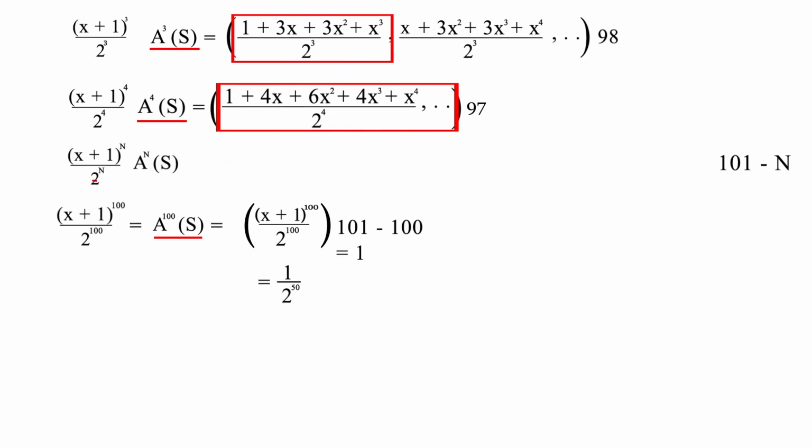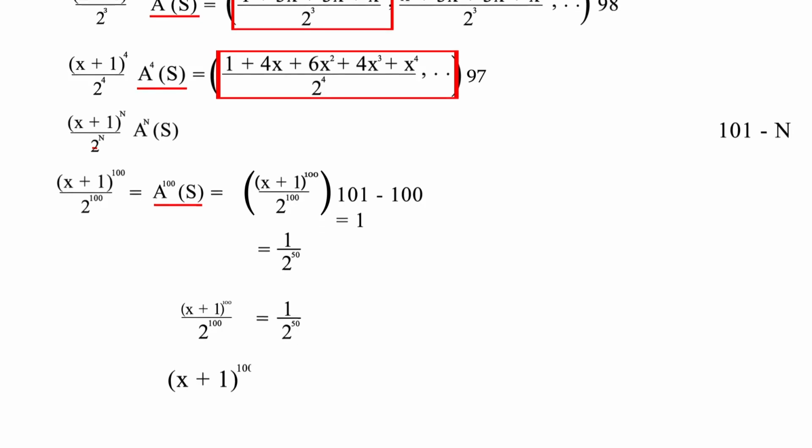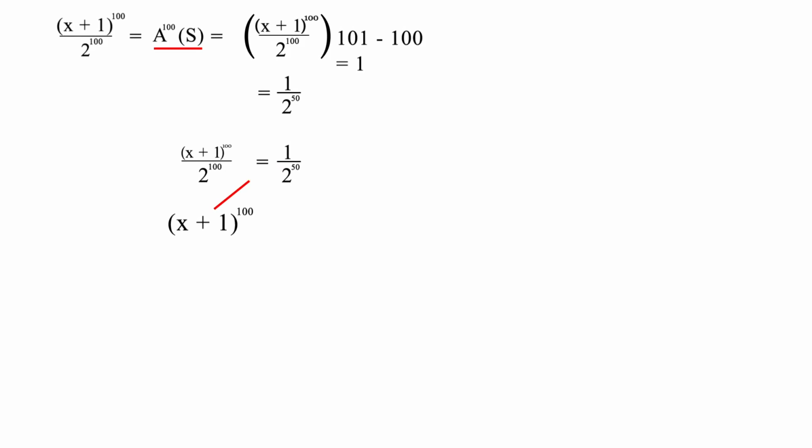All right, I can figure this out now. So here we go. X plus 1 to the power of 100 over 2 to the power of 100 is equal to 1 over 2 to the power of 50. Correct? X plus 1 to the 100. I'll put this guy up here. So that'll be 2 to the power of 100 over 2 to the power of 50.